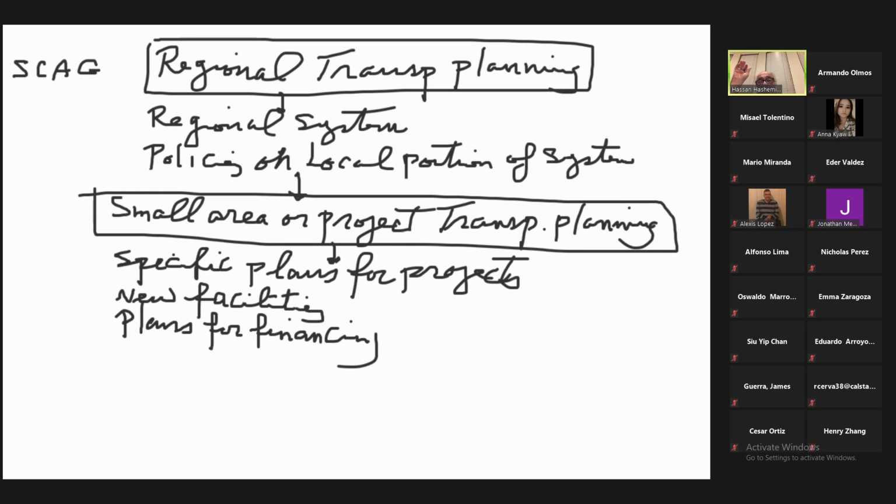So those are what the planners do. Any project, building a diamond lane, for instance, building a bicycle path, all of those are under the small area or project transportation planning for the city, or transit, buses, and so on.